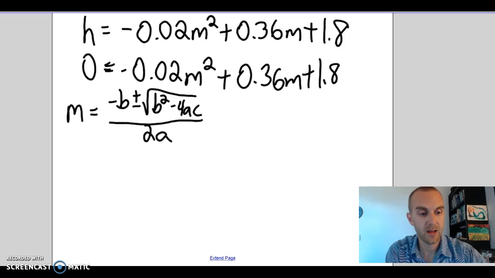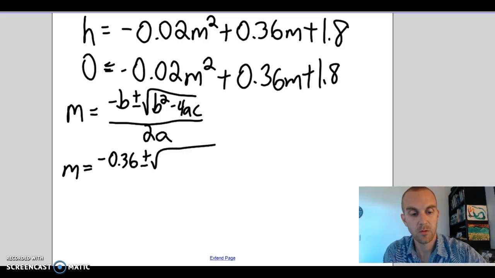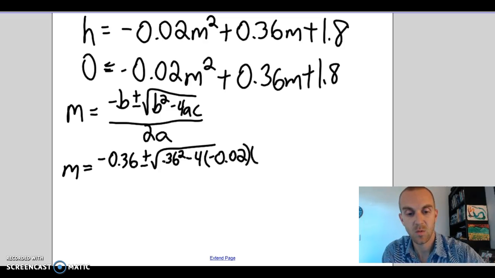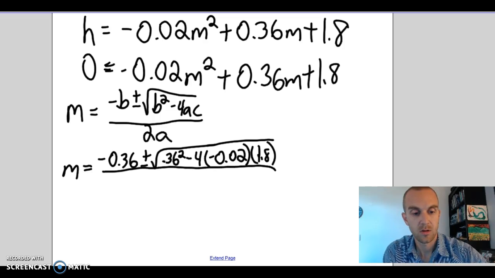Plug in the parts I have, and I would see that m is equal to negative 36 hundredths plus or minus the square root of 3600 squared minus 4 times negative 2 hundredths times 1 and 8 tenths, all over 2 times negative 2 hundredths.